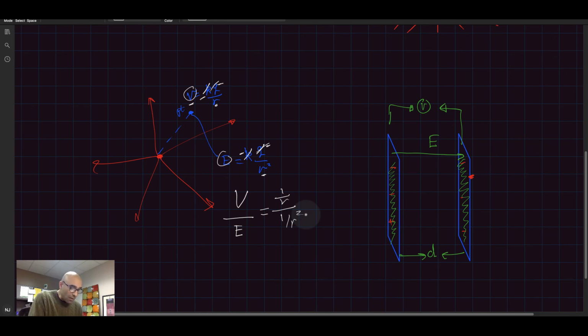This is equal to 1 over R times R squared over 1, so R squared with R goes away. So V over E is equal to R. Or you can say simply that the voltage is equal to E times R.